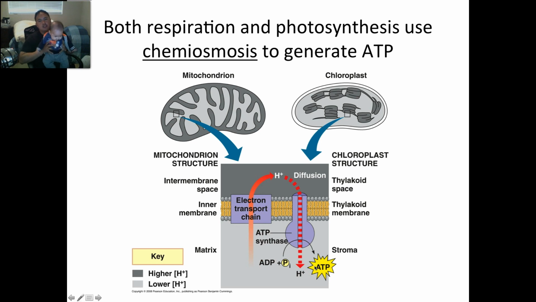So I know it sounds confusing, but I hope you remember that chemiosmosis, or this part of the electron transport chain, is how you make energy by pushing H plus ions out, and when they come in, it spins and creates energy to create ATP. That process is called chemiosmosis.